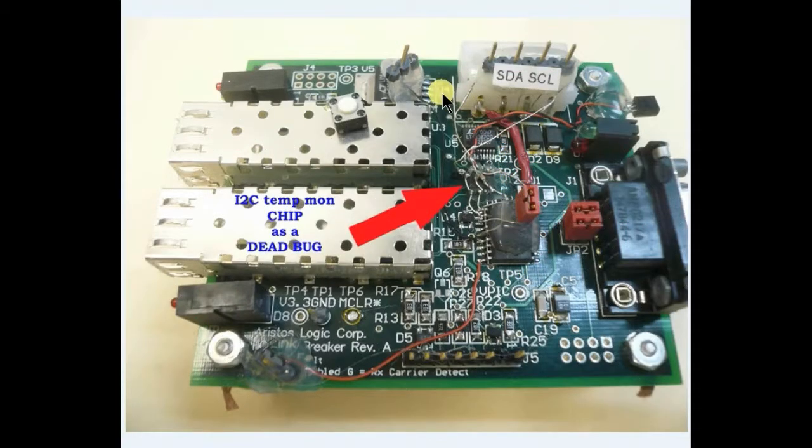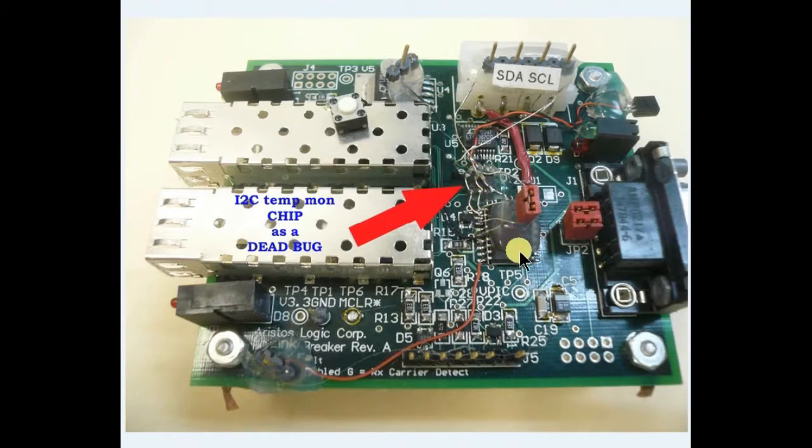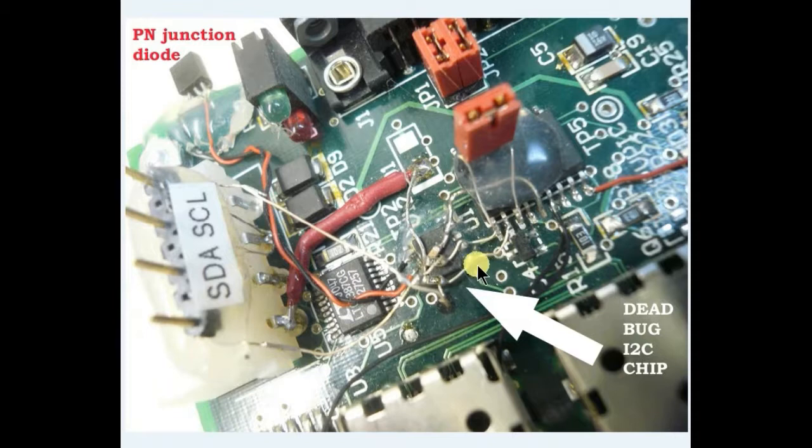This is the platform wherein we have the temperature sensor kludged upside down on the board. We call that a dead bug kludge. We have the PIC micro here, and let's have a closer look. Here it is. We have the temperature sensor.